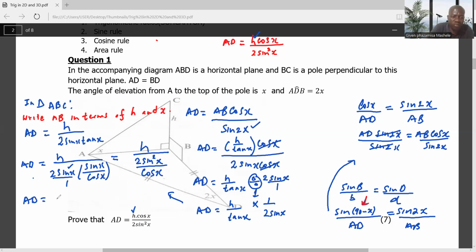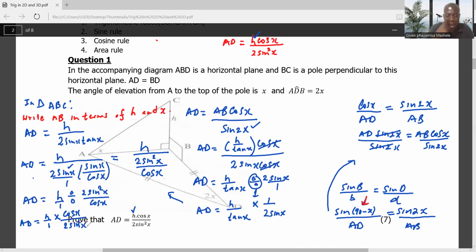This will be H divided by 2 sine squared X over cos X. We can change division to multiplication by making this over 1. So our expression would be, the AD would be H over 1 multiplied by the reciprocal, which is cos X divided by 2 sine squared X.